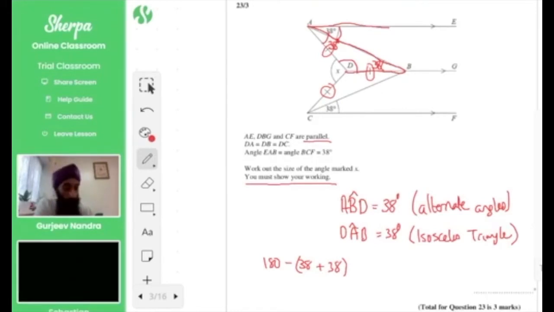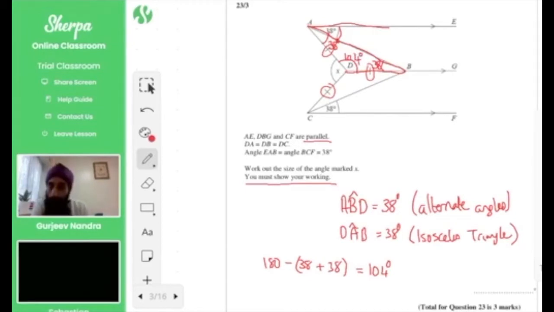Now obviously this is a non-calculator paper, so you'd do this without a calculator, and I'd encourage you to take time when you do these sorts of calculations just to make sure you don't miss out any marks. So 180 minus 2 lots of 38 is 104 degrees. So this angle here is 104.